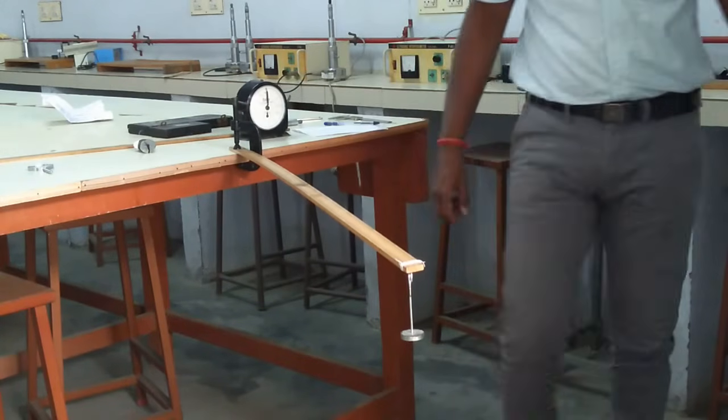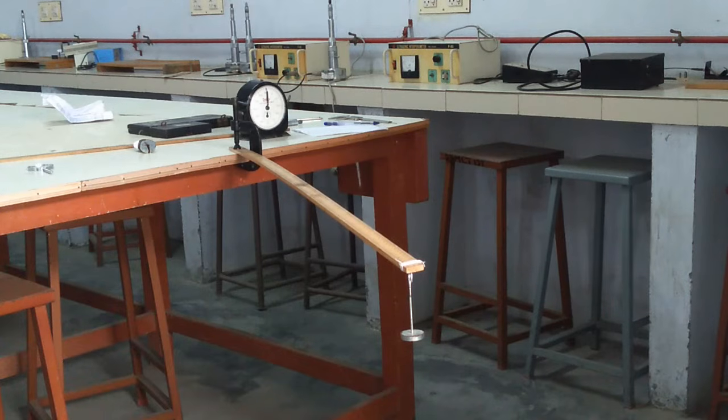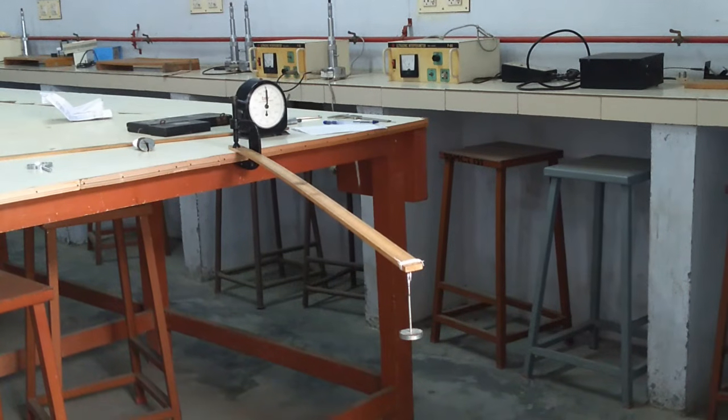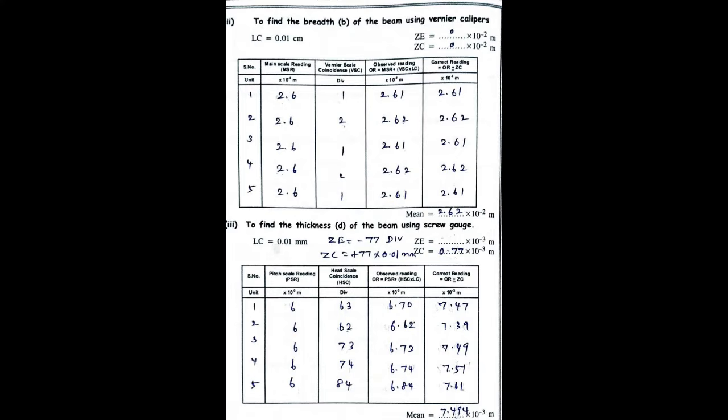These values are tabulated and used in the calculation. Here the breadth of the bar and the thickness of the bar are from the tabulations. For the vernier caliper readings, the mean value is 2.62 centimeter, or 10 to the power minus 2 meter.